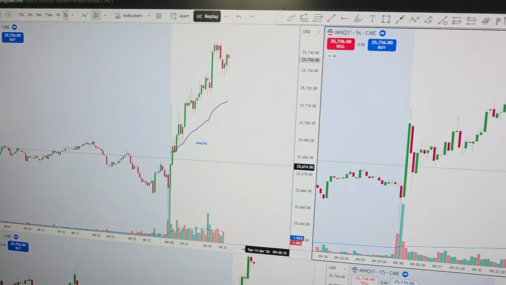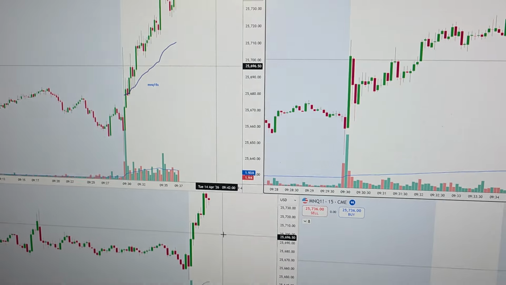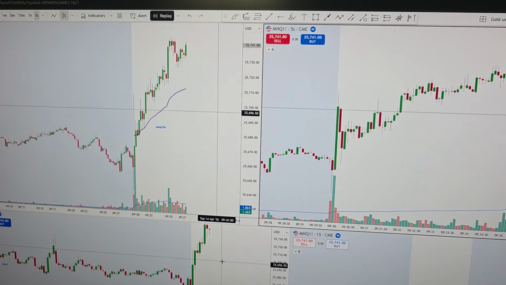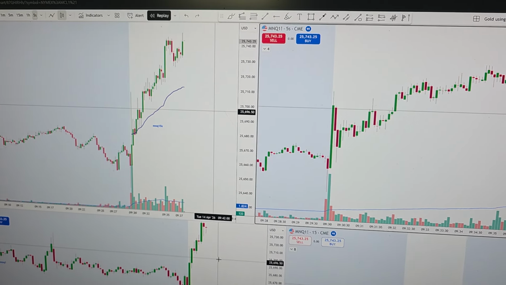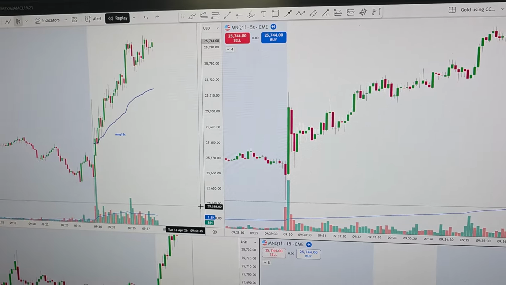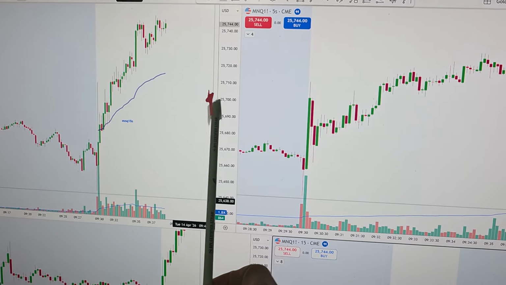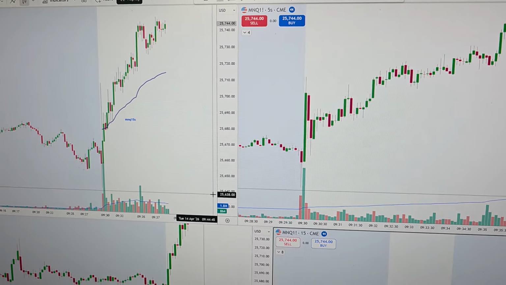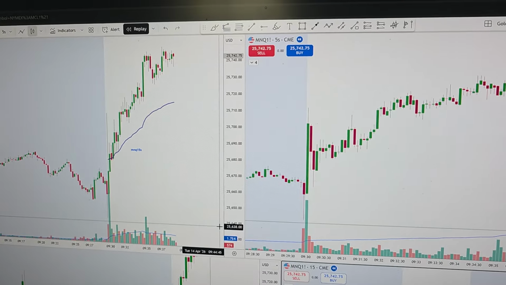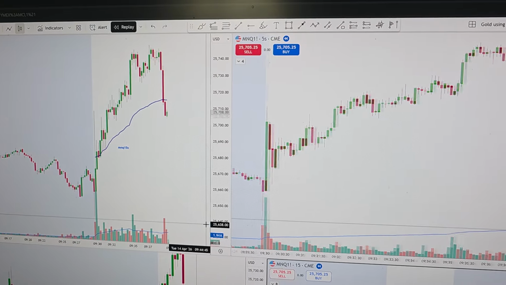The 15-second chart is developing like this, and we'll continue scrolling forward. And the 15-minute candle will close once we get to here. That will be the 9:45. Right now we're looking at the 15-minute chart.